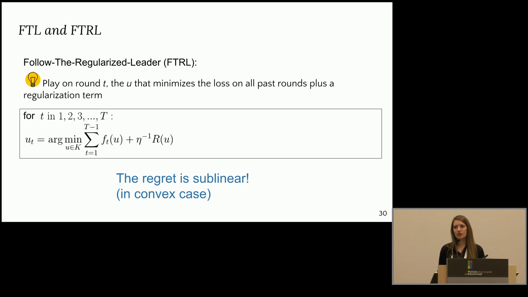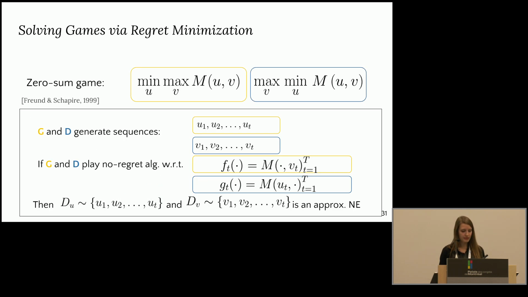The regularization term is there to ensure that the learner doesn't change the decision very abruptly in consecutive rounds, and this is often the crucial part in order to ensure no regret. So FTRL is not known to be no regret in general, but it is a no regret algorithm in the convex case.